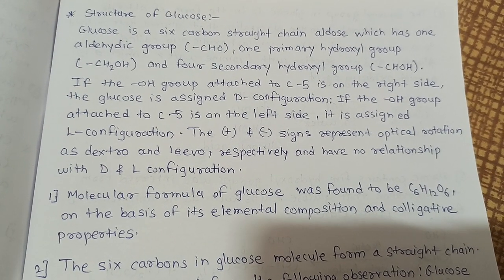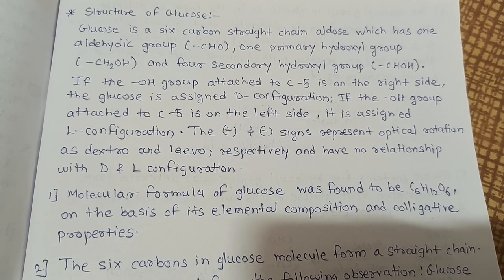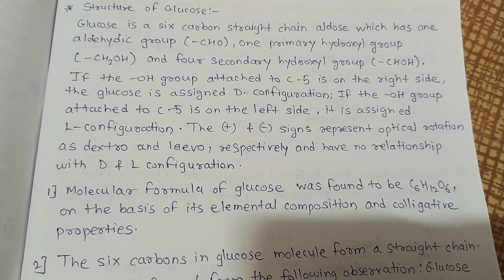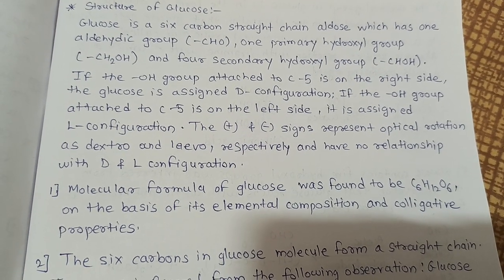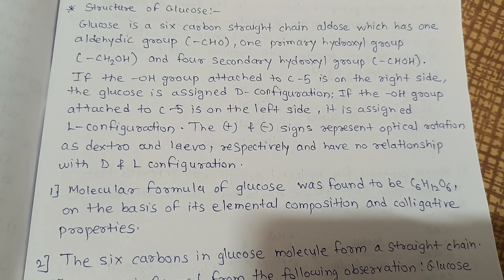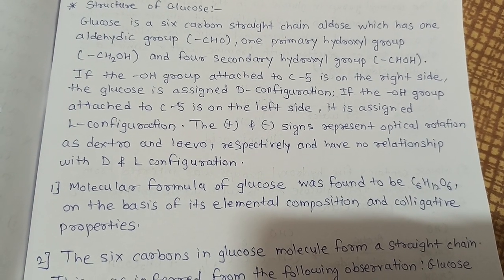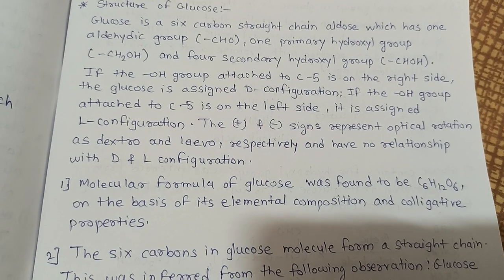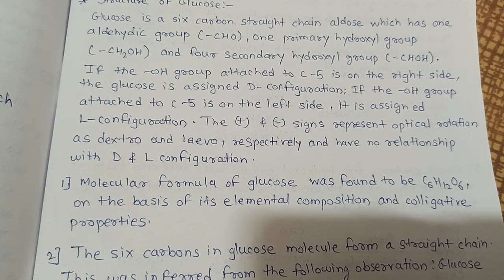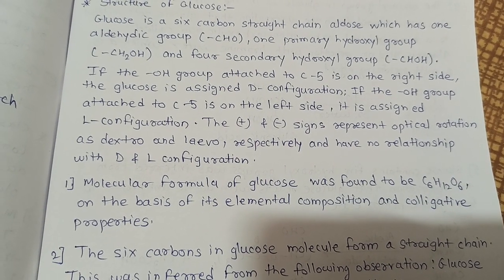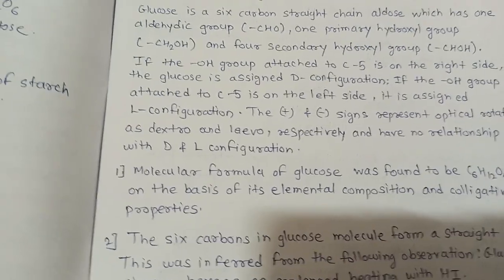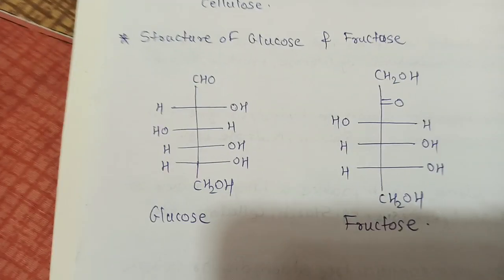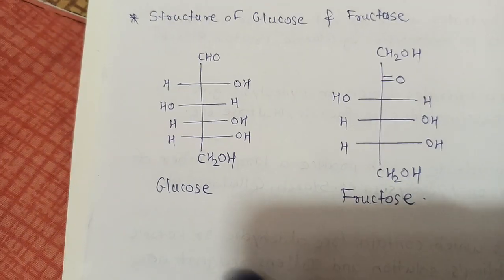If the OH group attached to C5 is on the left side, then it is assigned L configuration. Plus and minus signs represent optical rotation as dextro and levorotatory respectively, and there is no relationship between D and L and the sign of rotation.